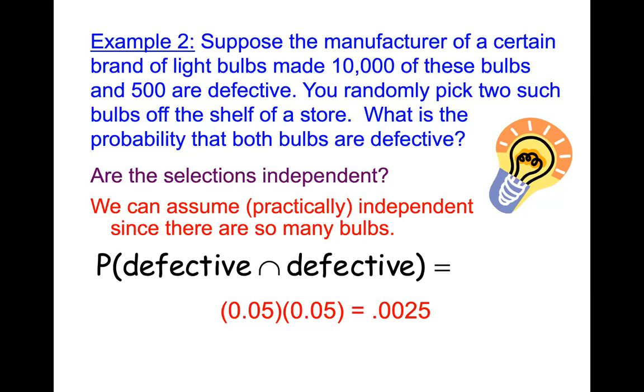So that's why we said it's practically independent because there are just so many bulbs. If I take one and I don't put it back, it's not that big of a deal. But for cards, there's only 52, so if you take one out, that significantly changes things. Does that answer that question, Margot? Yeah, thank you. Okay. All right, any other questions on that? That's a great question because that's the first question you want to ask yourself when you have a problem involving and.